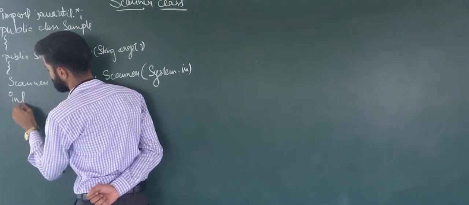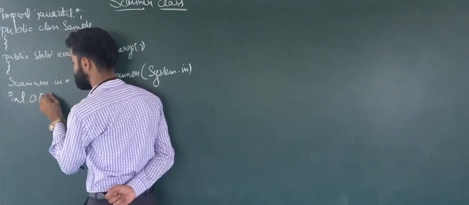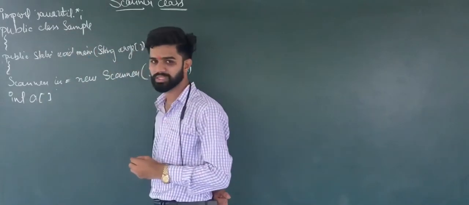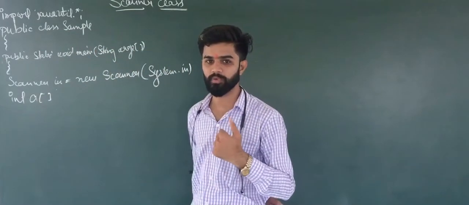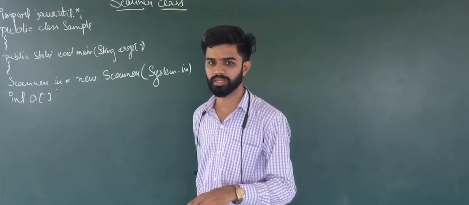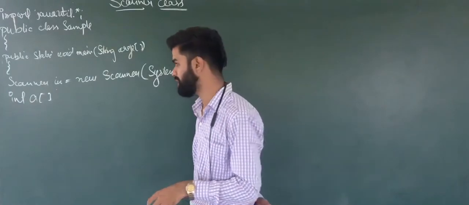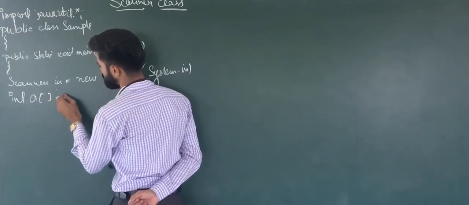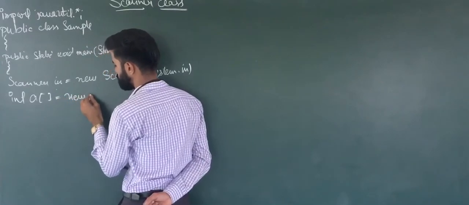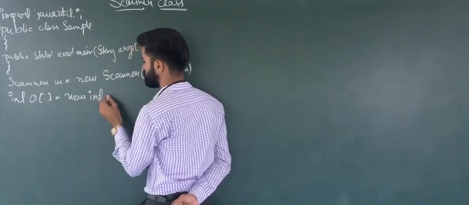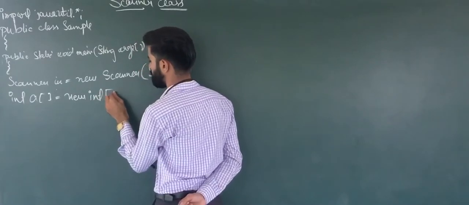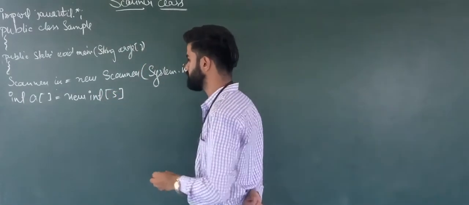In a, what does it mean? It means a is an array type integer variable. And now new int[5].